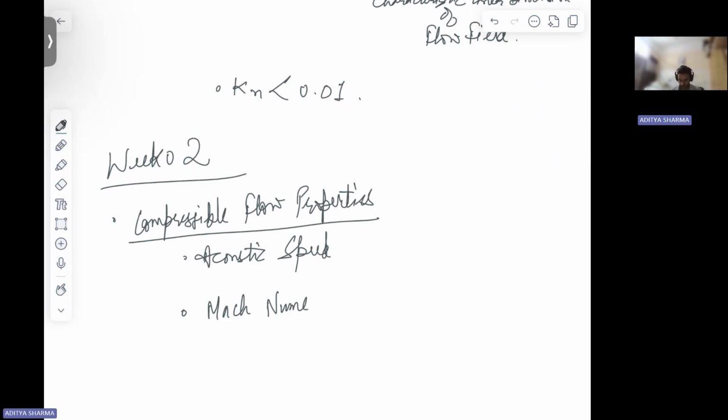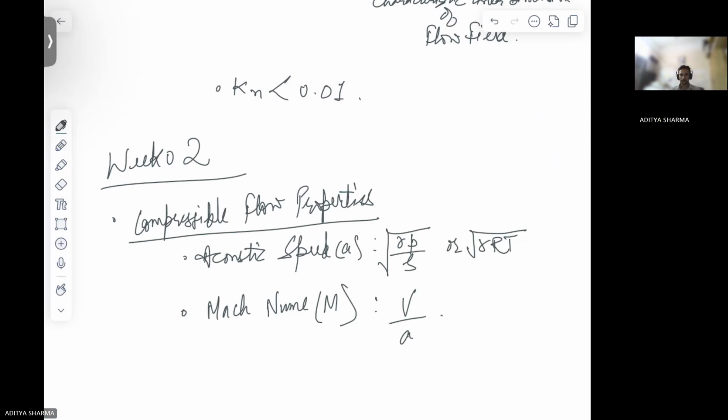Acoustic speed is basically the speed of sound, and it can be given by these formulae. Okay. And Mach number is your velocity divided by the acoustic speed. So this is what has been discussed in compressible flow properties.